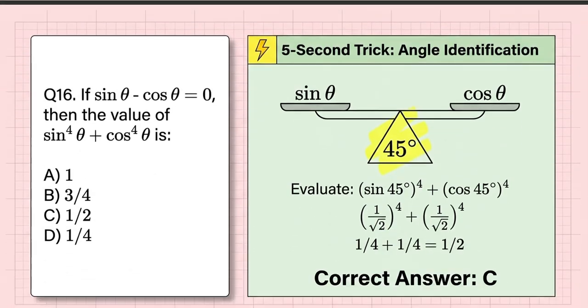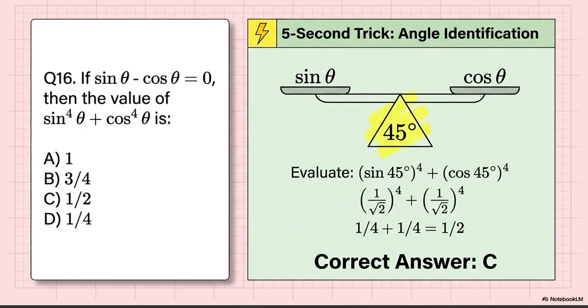Look at the next question. So the question is given, sin theta minus cos theta is equal to 0. So what is the way to find out sin raised to 4 theta plus cos raised to 4 theta?